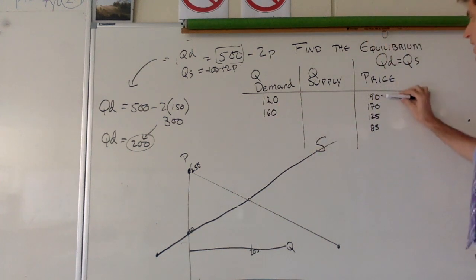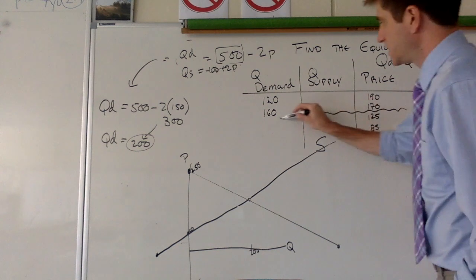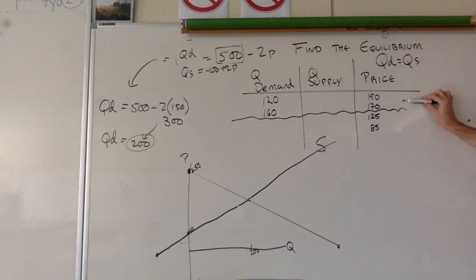Now at this point, I see that these prices are all above the equilibrium price, and these prices are below. The textbook's giving me nice examples of each. So I know that when the price is above equilibrium, there's going to be excess supply, or what we call a surplus.